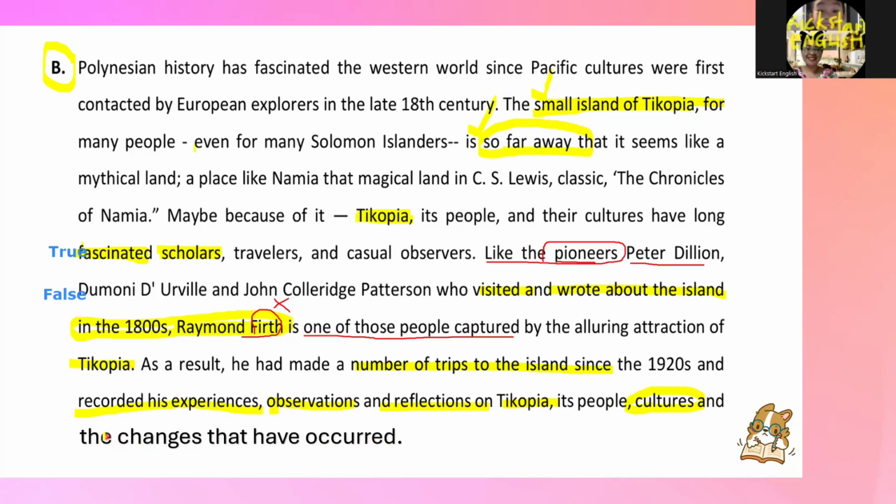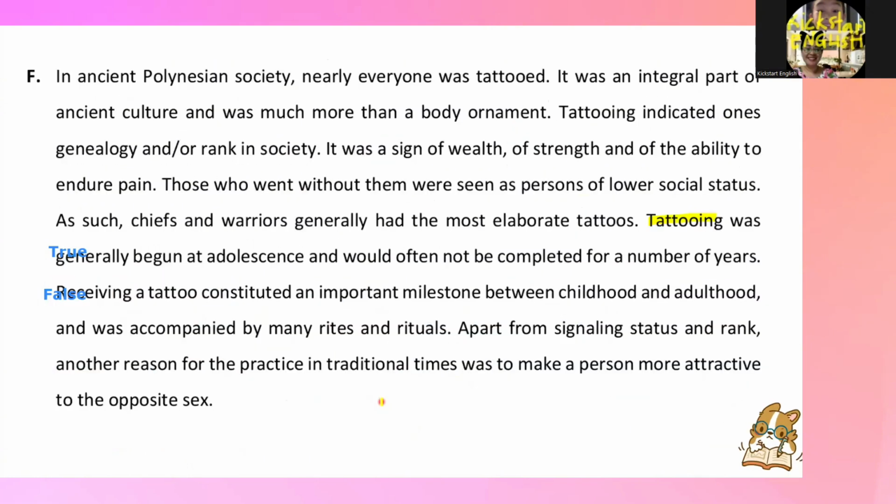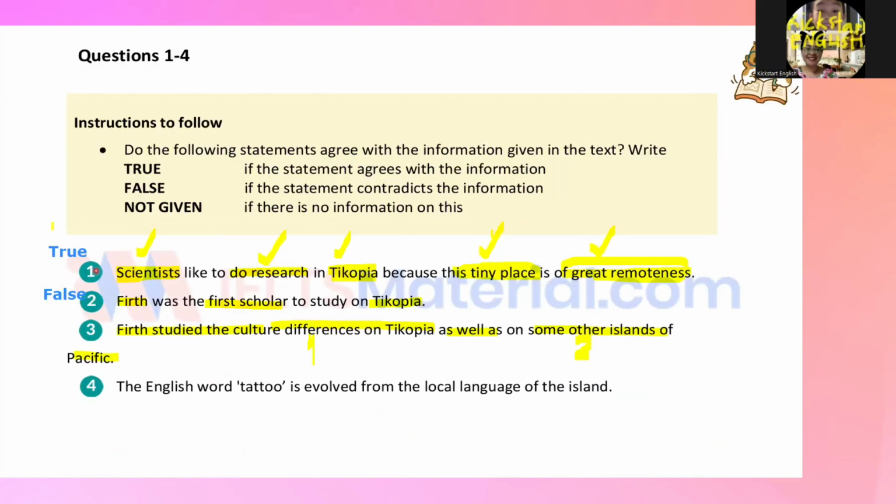So does it ever mention other islands of the Pacific? No, it doesn't mention any. It only mentions that he focuses on his experiences in Tikopia. Therefore, our answer to this item is, yes, of course, not given. You're right. It is not given in the paragraph that he also studies some other islands of the Pacific. Okay, so far so good.